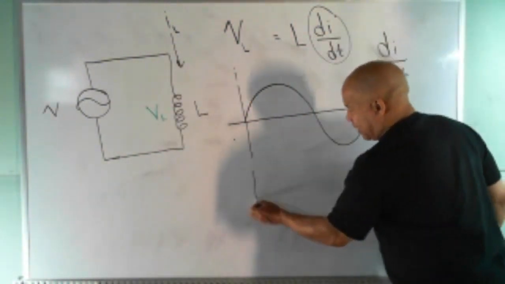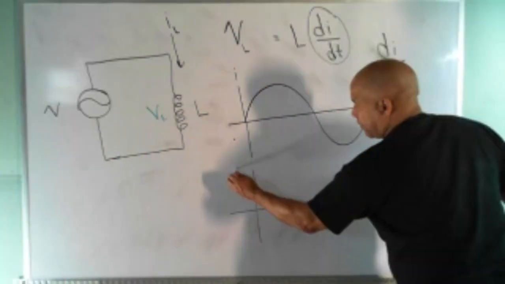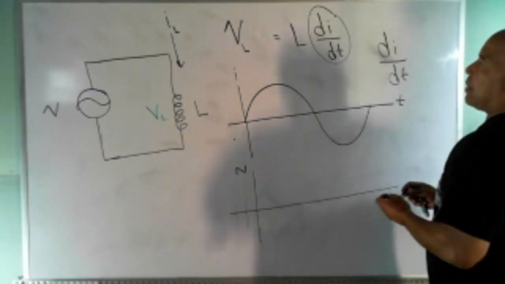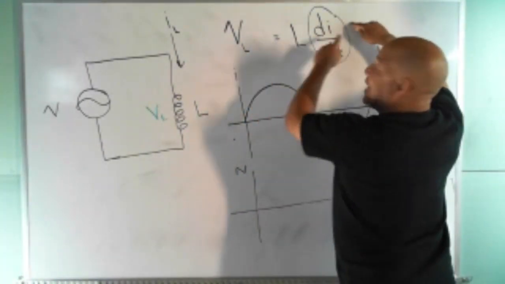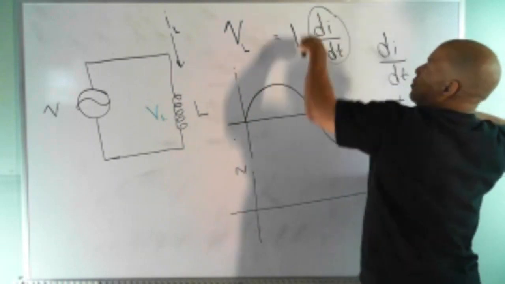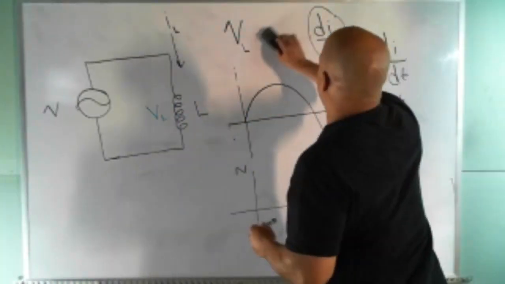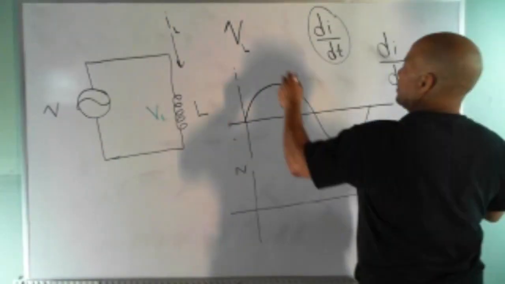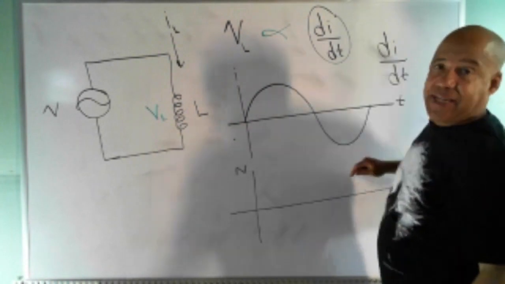So now let's look at what V looks like. So V is equal to not I, but is equal to how fast I is changing. If I write it using the proportionality sign, I can do this. V is proportional to not I, but di dt.